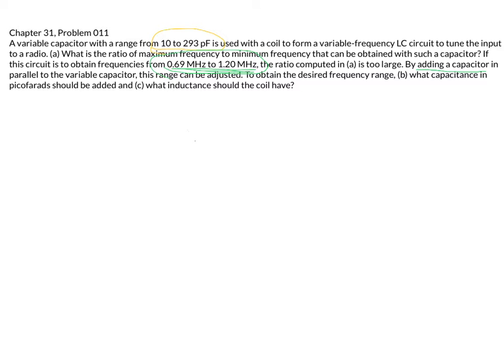All of this problem, as you can see, is focused around the frequency of your LC circuit. If you remember from class, the angular frequency of an LC circuit, omega, is equal to 1 over the square root of L times C, the inductance times the capacitance.